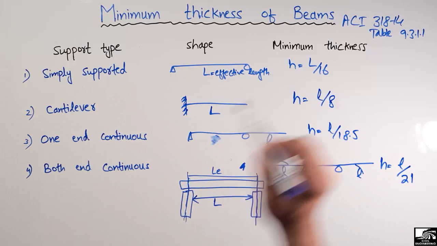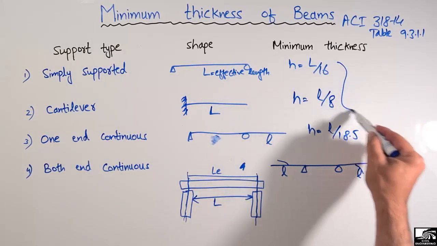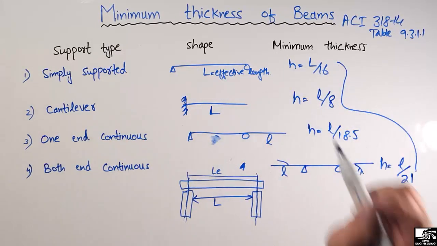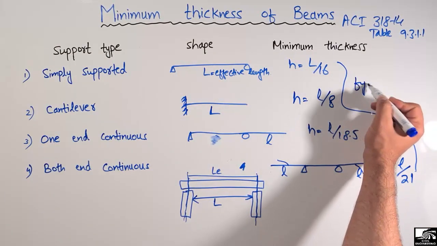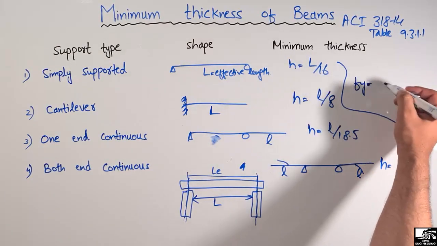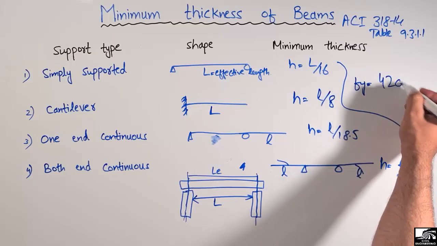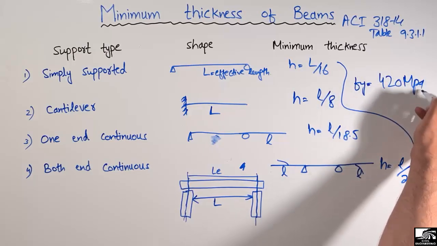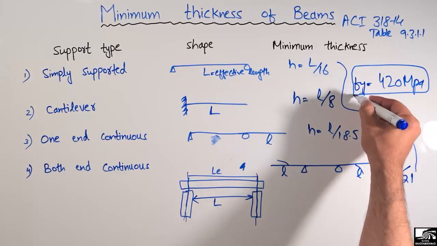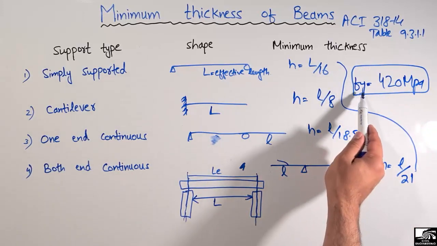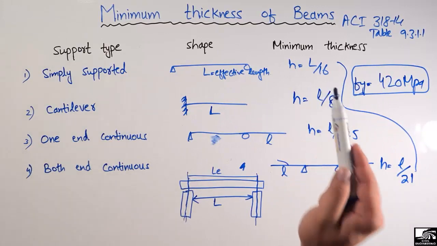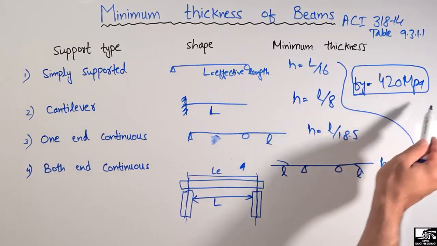Now it should be kept in mind that all these formulas are only applicable when Fy, the yield strength of the steel bar, is equal to 420 megapascal. This is very important: all these formulas are only valid when the yield strength of the steel bar used in the beam is 420 megapascal.